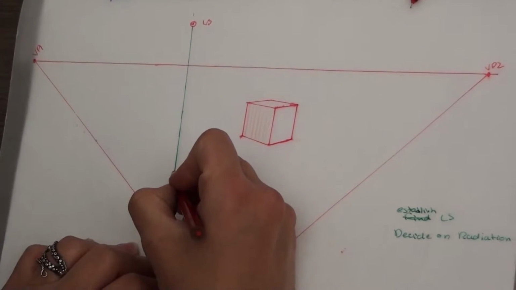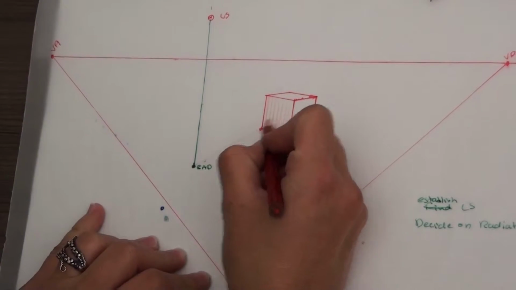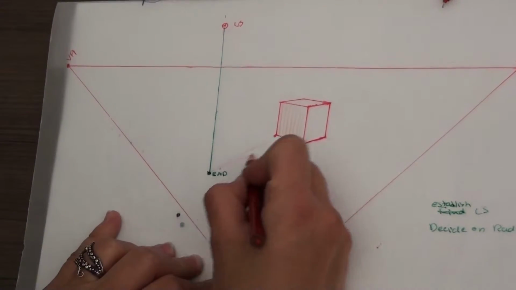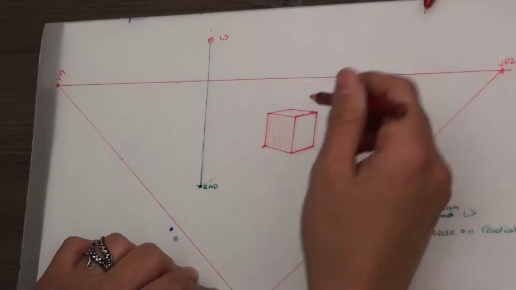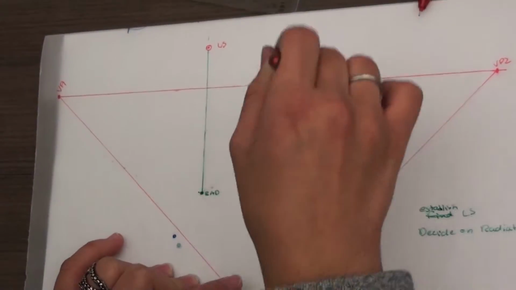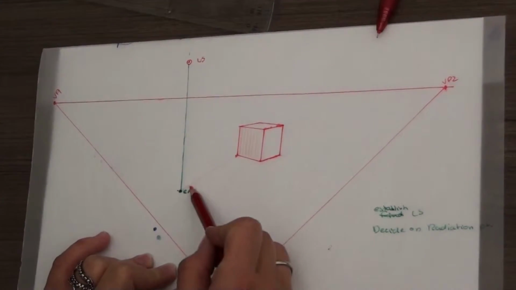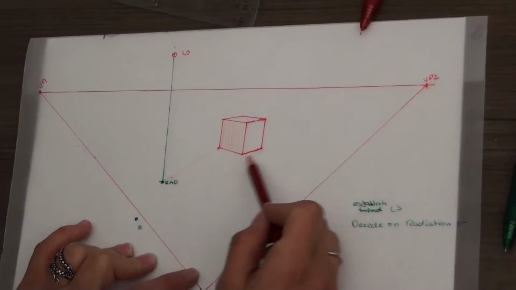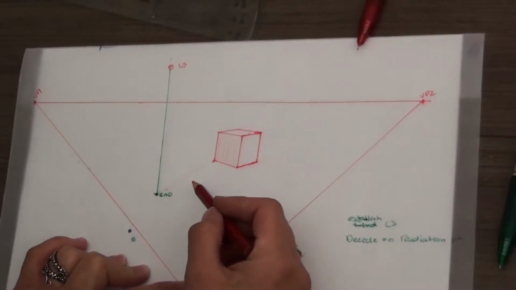Each radiation point would go through to the bottom of each Delilah, because the cube is standing on the ground. The radiation point will angle through the ground, through the bottoms of the corners of your cube.